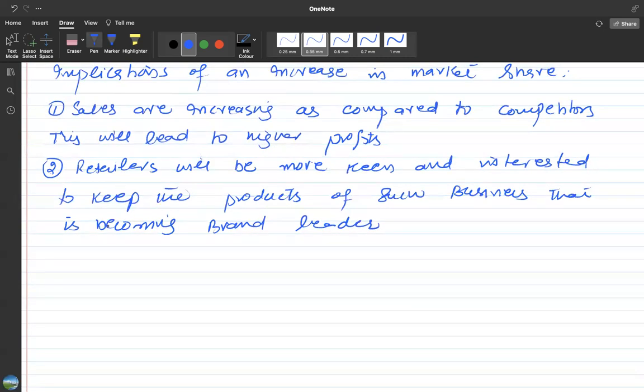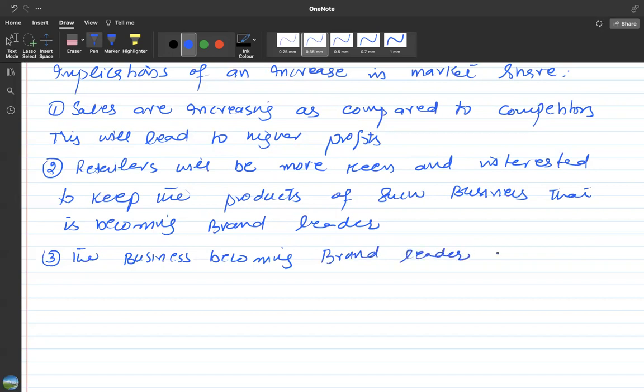Three, and this is a very important point, the business becoming brand leader can enable itself to reduce its discounts to retailers.